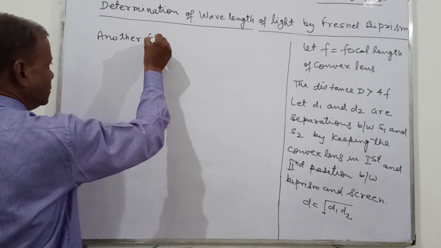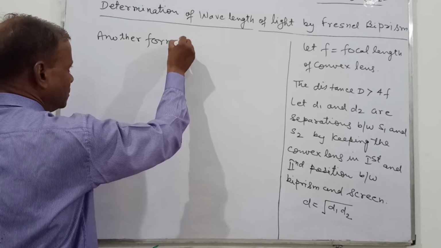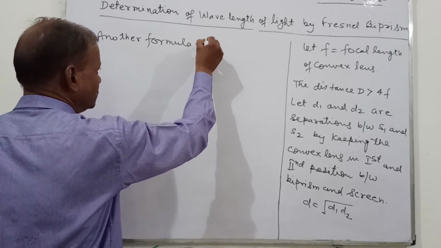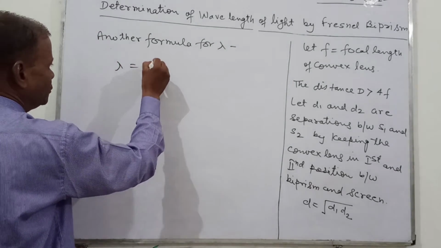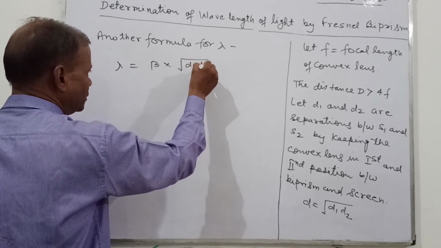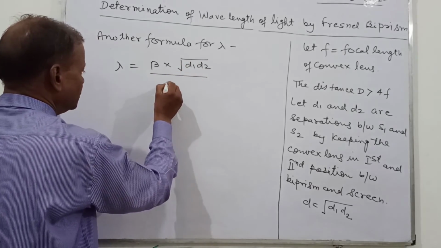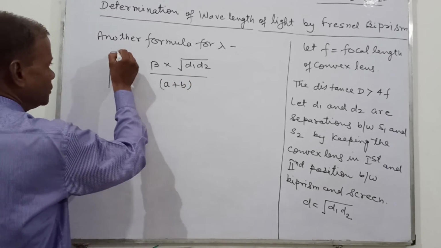Another formula for lambda: this lambda is equal to beta into square root d1 d2 upon a plus b. This is the other formula.